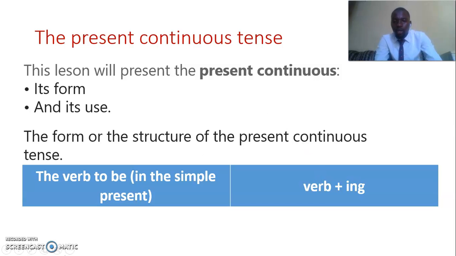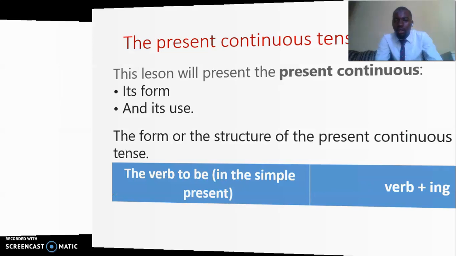To be is here as an auxiliary, and when you conjugate to be in the simple present tense, we have three different words, as Mr. Alphamar said last time: am, is, and are. Plus the verb in ing form. This is the structure of the present continuous tense or present progressive tense. Very good.